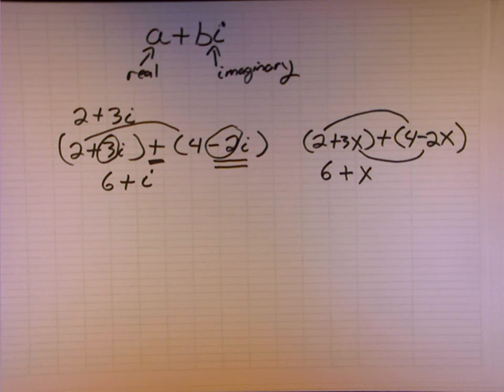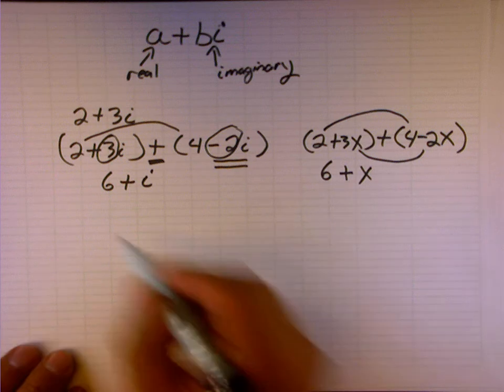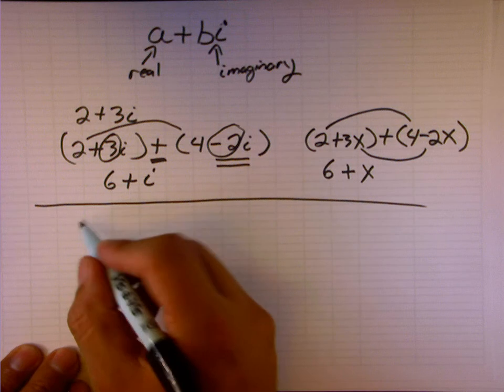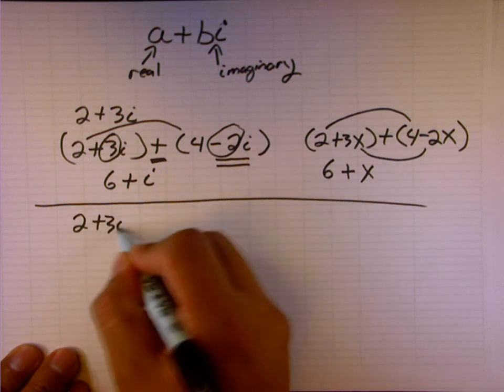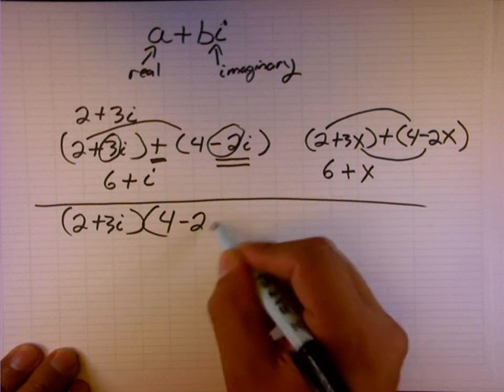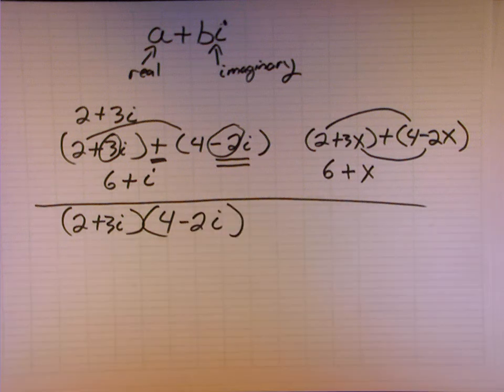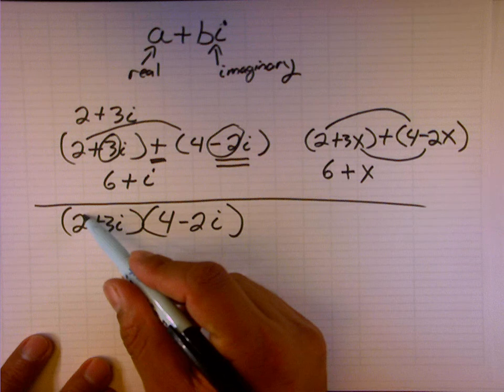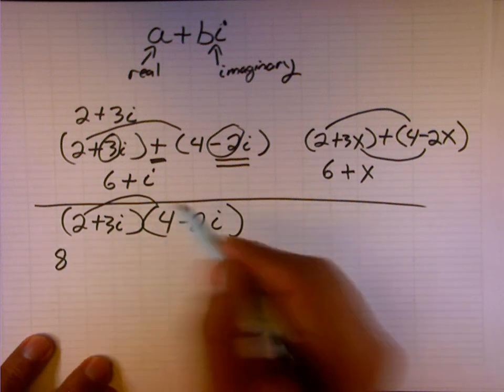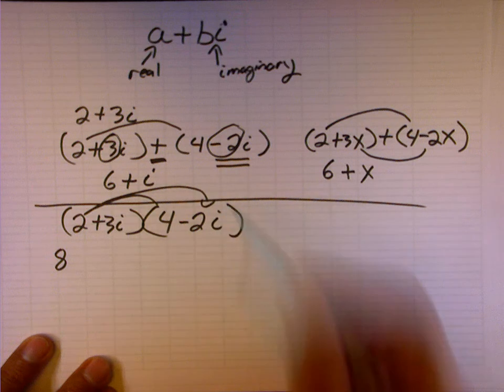So if we were multiplying, it would still be handled just like a variable. I would use a FOIL technique to distribute this multiplication. So I would end up with 2 times the 4, 2 times the negative 2i.